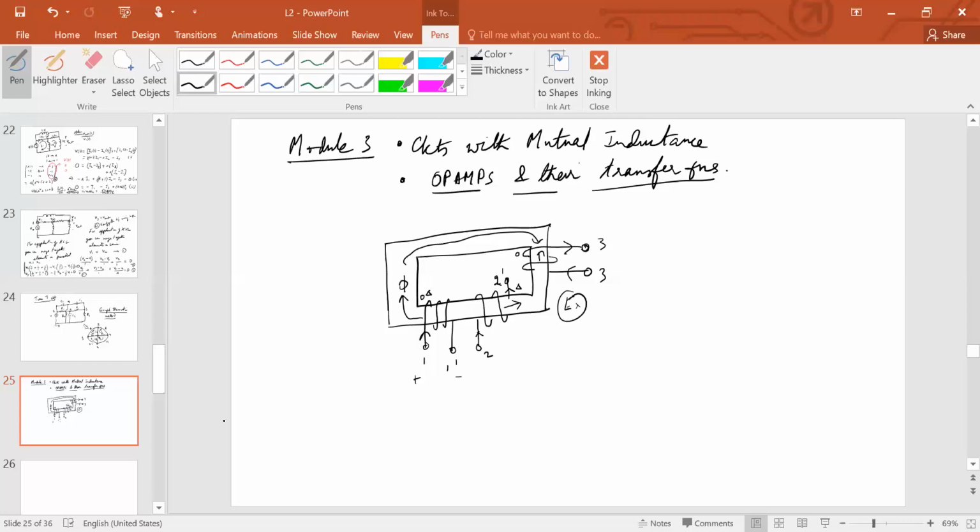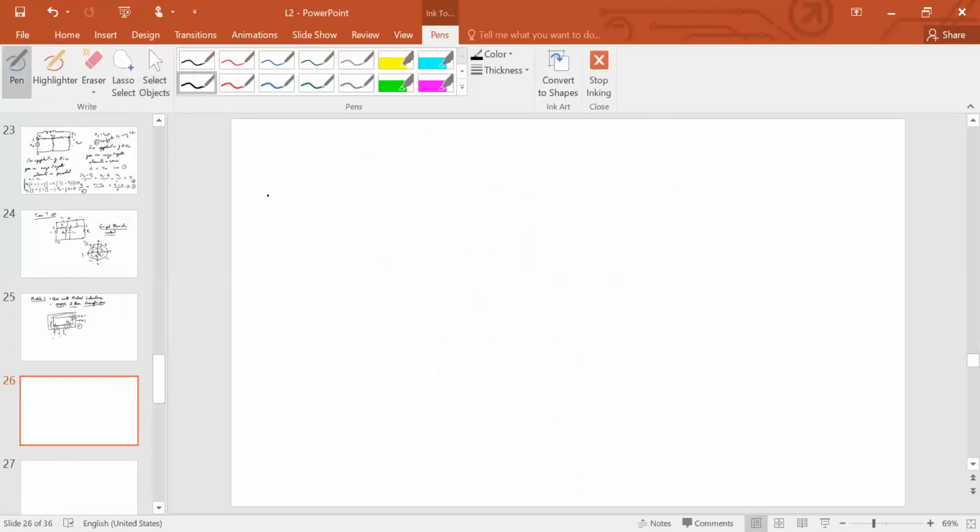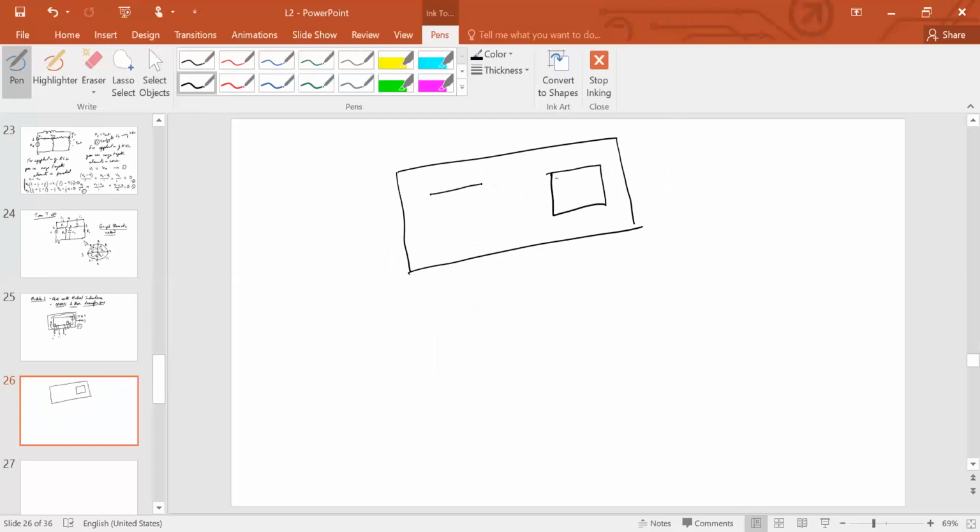And now, as an example of this kind of a circuit, we will take up the following. Suppose this is the magnetic pole. Excuse my bad drawing here.